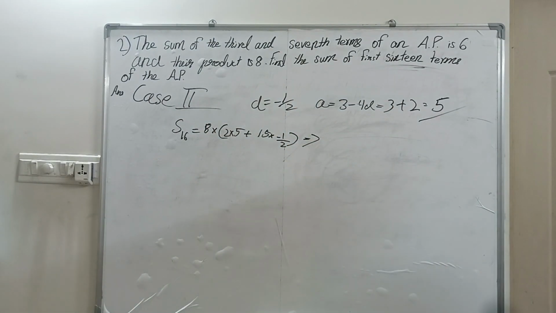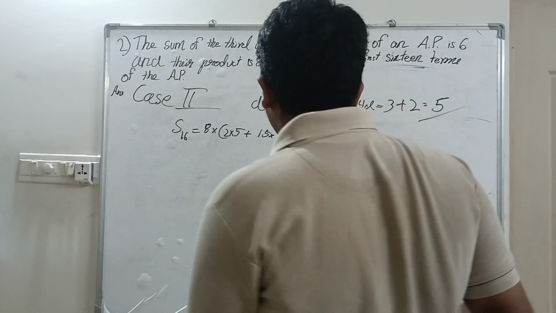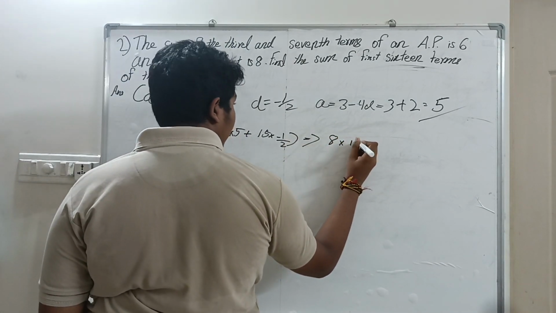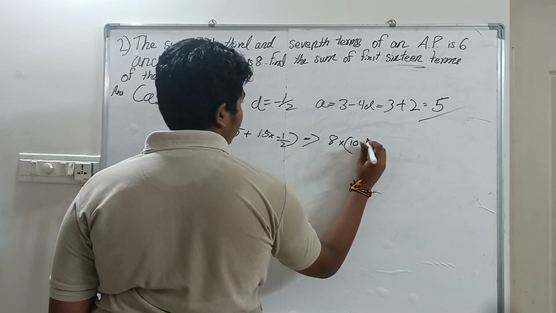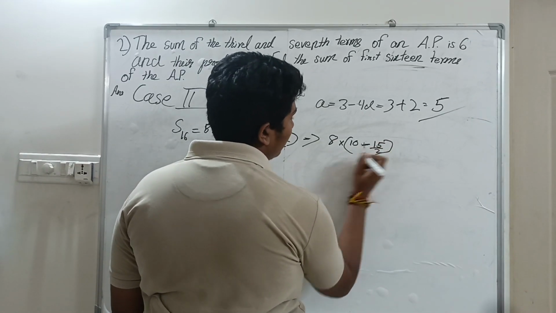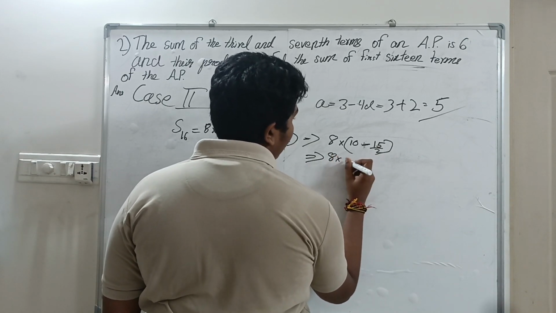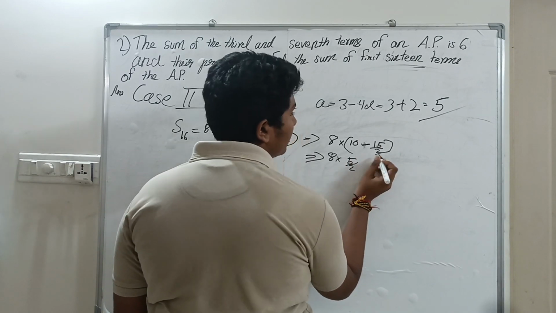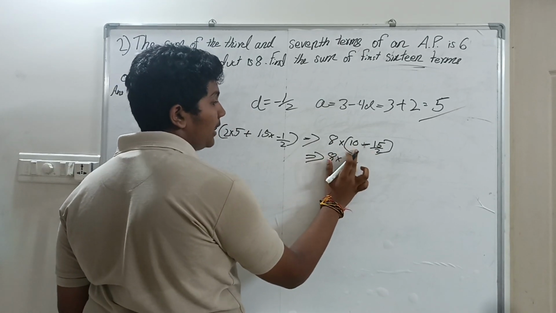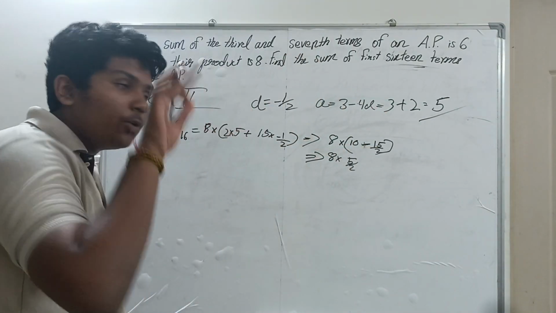How do you solve this here? Just pause the video and solve this equation. So what do you get? 8 into 10 plus, sorry, minus 15 by 2, which will lead to 8 into 5 by 2, because if you want to make the denominator the same, 2 here, 20 by 2, so 20 minus 15 will be, yes, correct, 5, so 5 by 2.